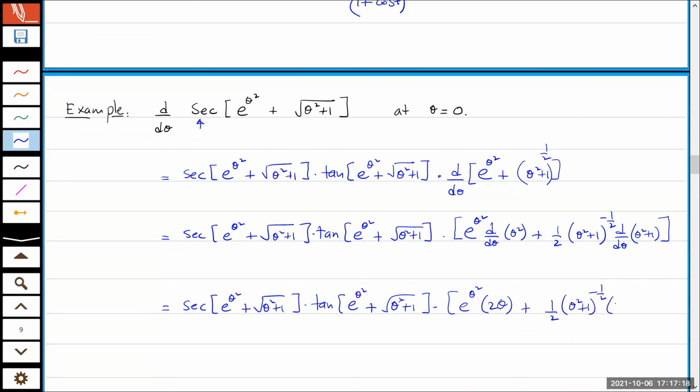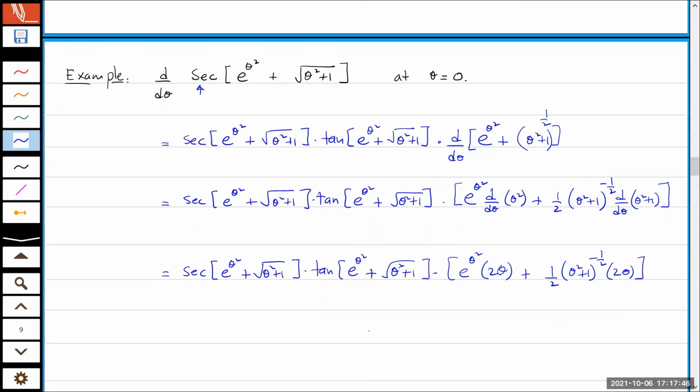The derivative of theta squared plus 1 is also 2 theta. And I close the bracket. This is the derivative. Now, because I'm doing the derivative at theta equals 0, I don't need to simplify it. I'm going to put the value theta equal to 0 in it and then see what the numerical value comes out as. I simplify or I don't, it's not going to make a difference in a question like that where you're calculating the derivative at a specific value of the variable.